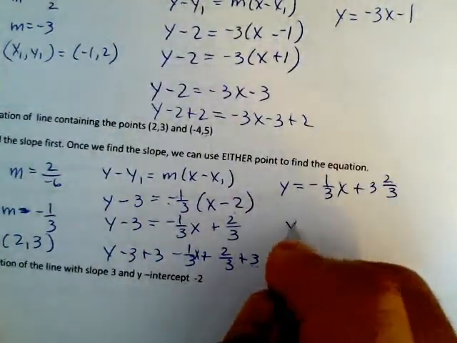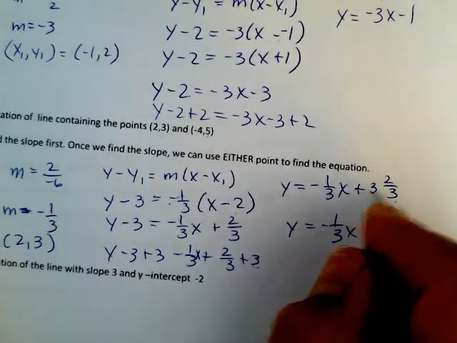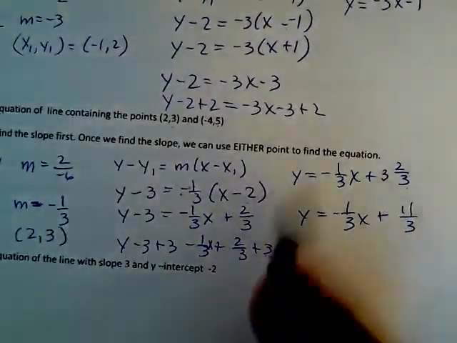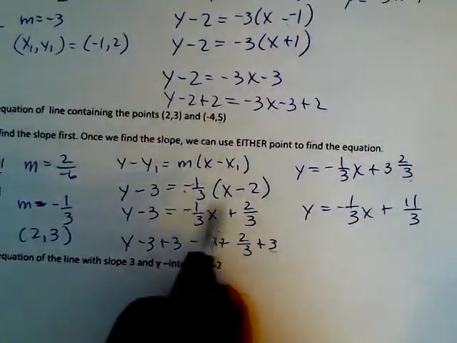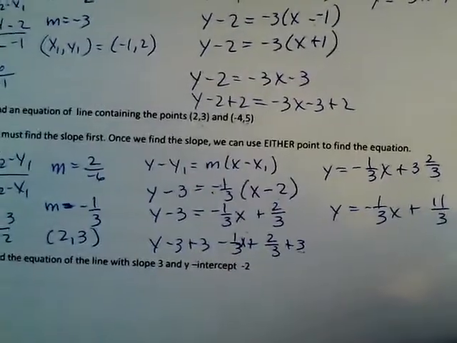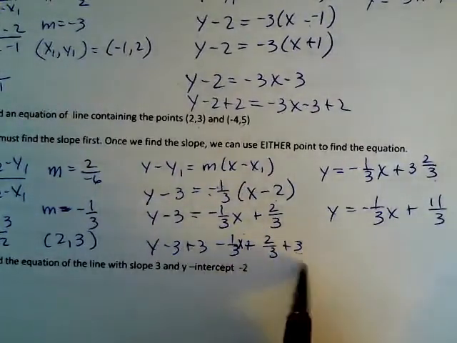If you want to make that an improper fraction, 3 times 3 is 9 plus 2 is 11/3. Okay, so it's not that bad. You know, don't give up. Just again, watch all your signs and make sure that when you add and subtract, you combine them properly.